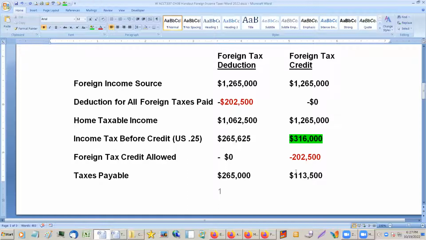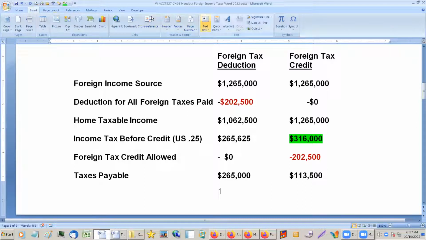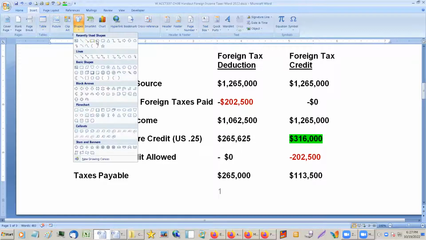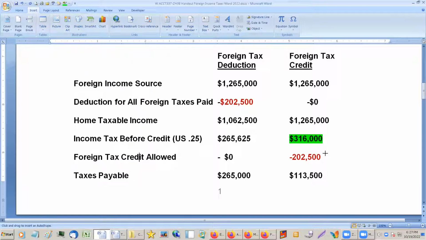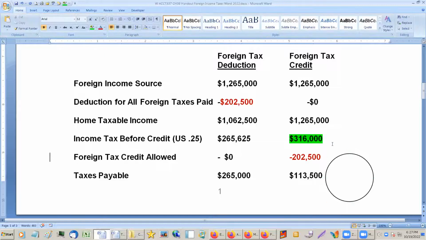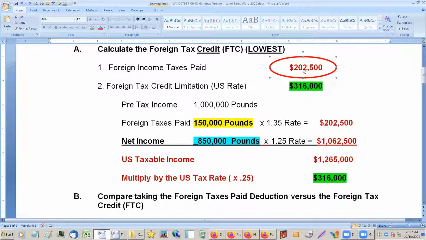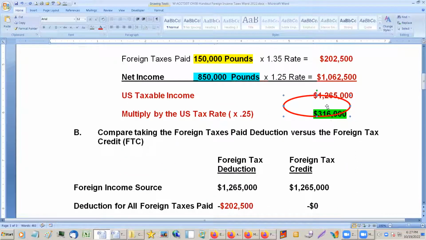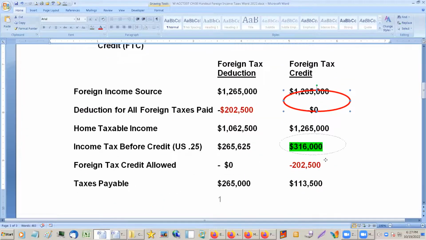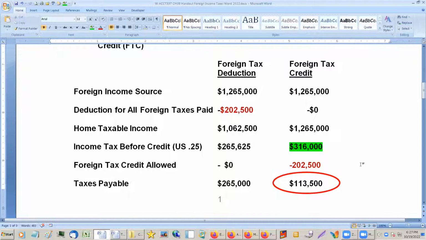Which would you rather pay, 265 or 113? So you'd opt for the tax credit.